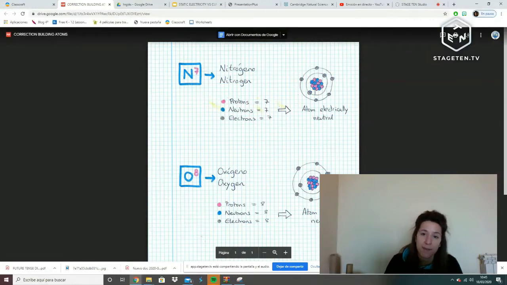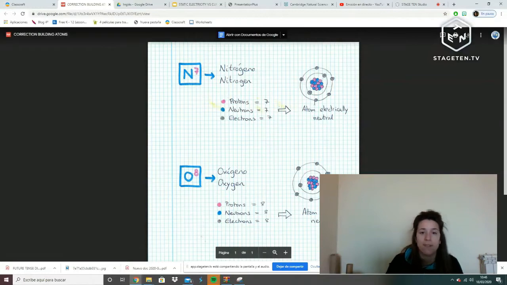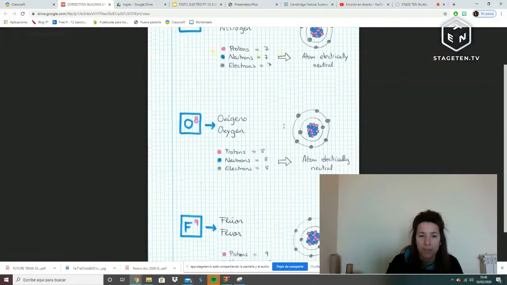Remember that the first orbit can only hold 2 electrons maximum, and then we complete until 7, so this is 1, 2 in the first orbit, and then 3, 4, 5, 6, and 7 around the second orbit.